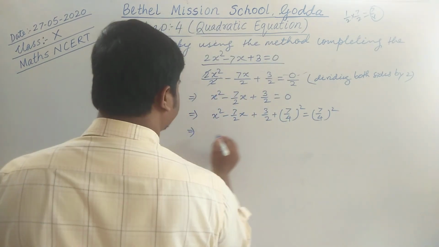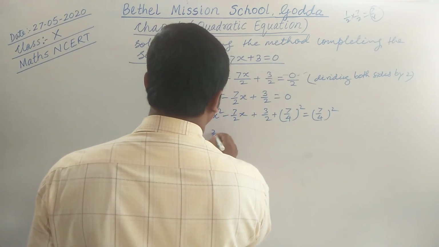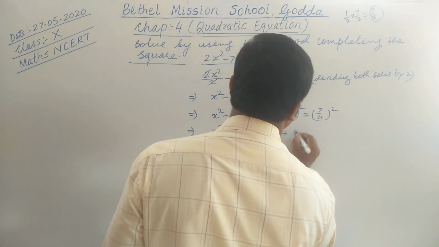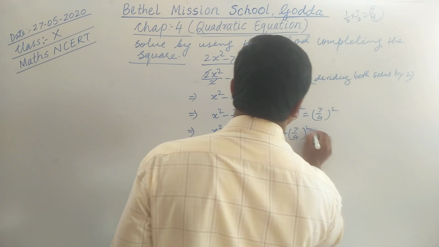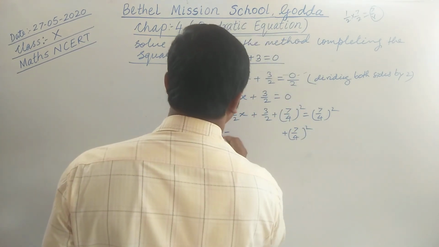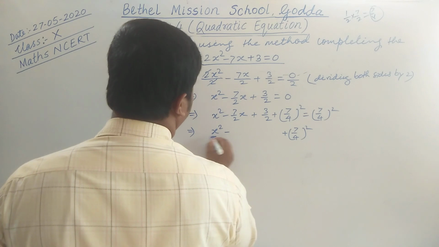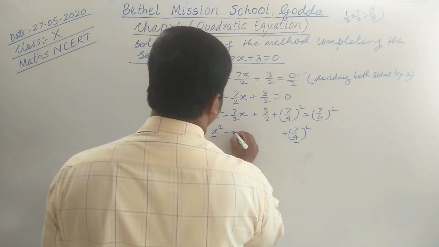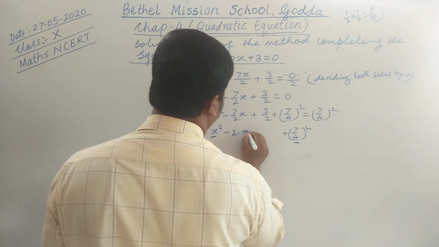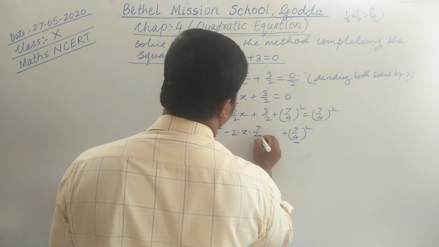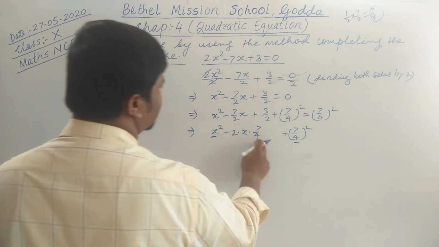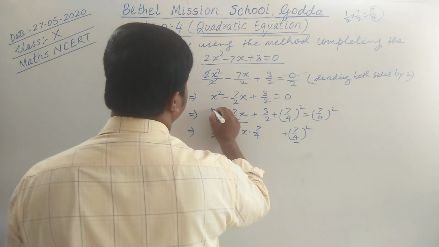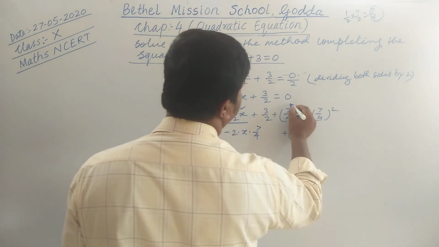Then x² plus (7/4)² minus 2 × x × 7/4. Here this is in the place of a and this is in the place of b, so a² and b² are there, and 2ab is the middle term.